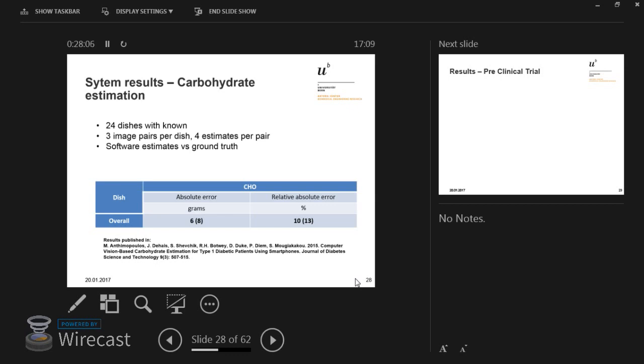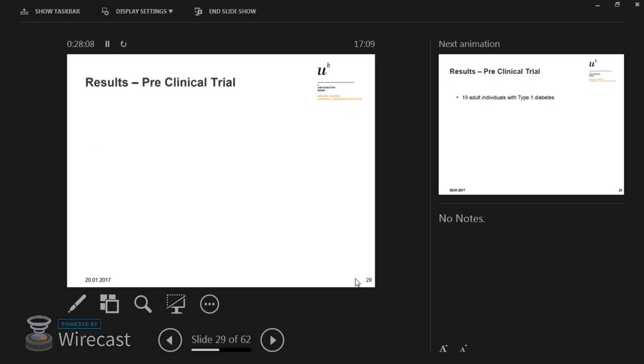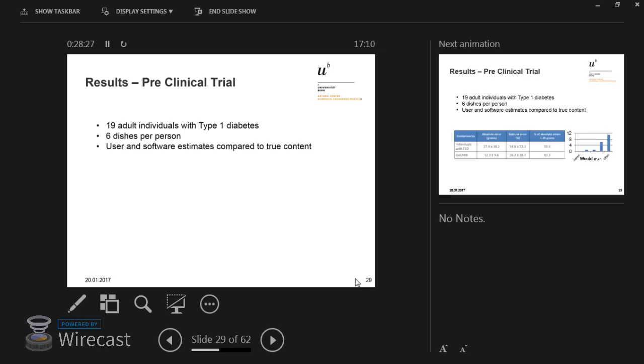And the next step was, of course, drafting a few patients themselves and comparing what they did to how well we performed. So we had 19 people a couple of years ago come in at the hospital. We gave each of them a few dishes, and we asked them to first estimate on their own, then use our software and give us the results.